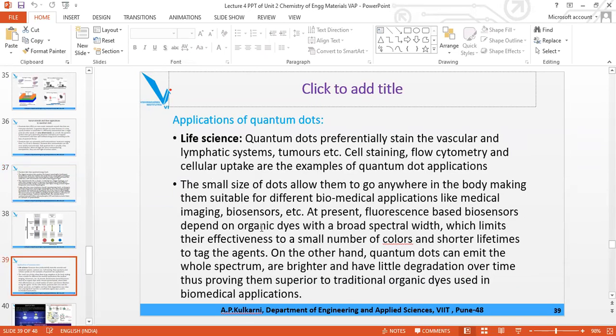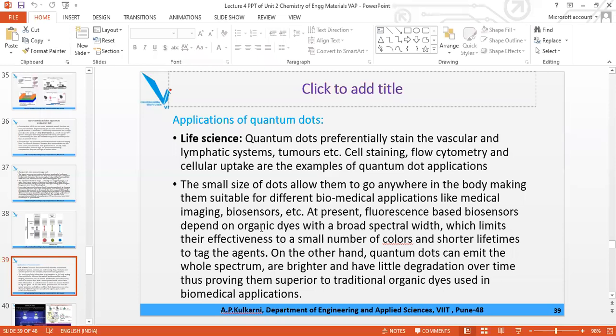Now, what are the applications of quantum dots? As I have said, it is used for staining a particular part of the body. Whenever a CT scan, MRI scan, etc. is done, usually we cannot distinguish between the normal tissues and the affected tissues.